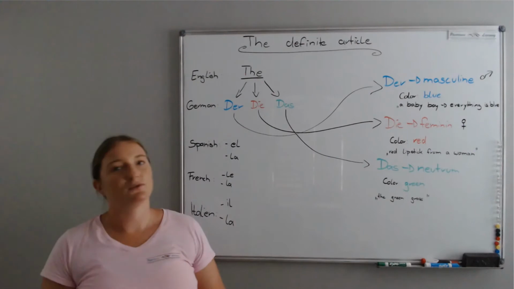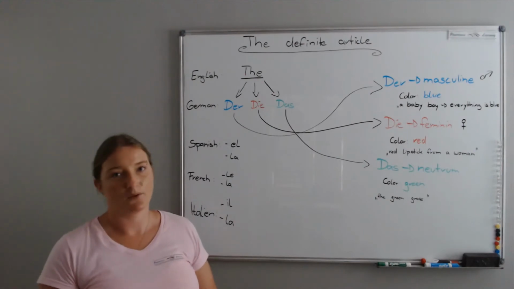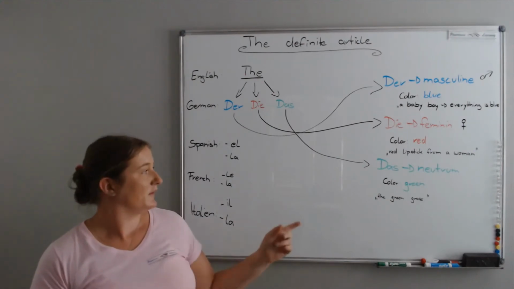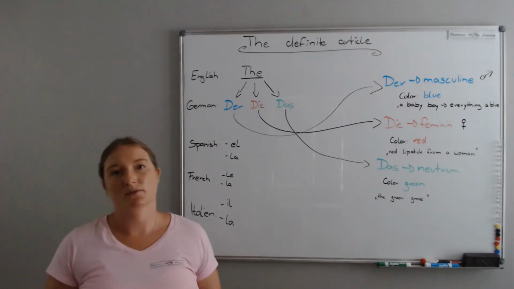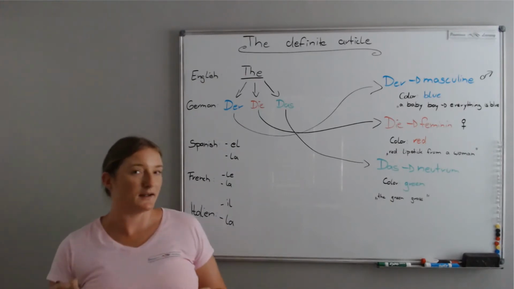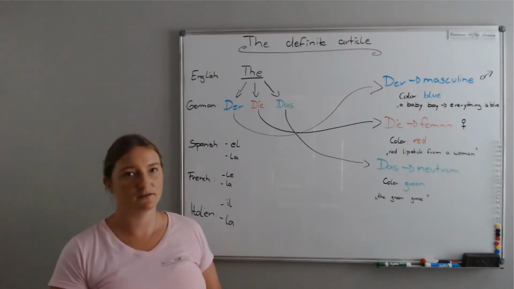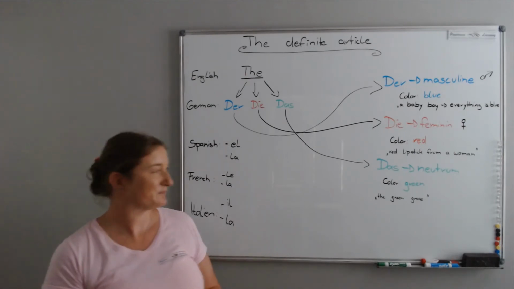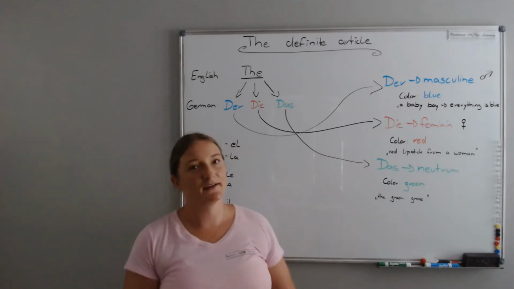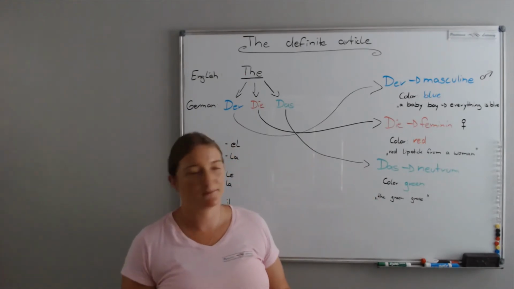The color for das is green. Why is that? Think about the green grass. Das Gras is in German the right definite article for it. The grass is green, and therefore das grüne Gras, the green grass.